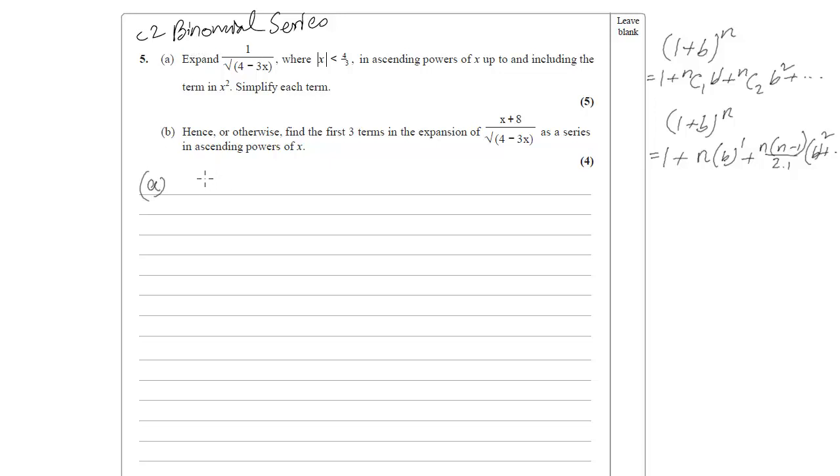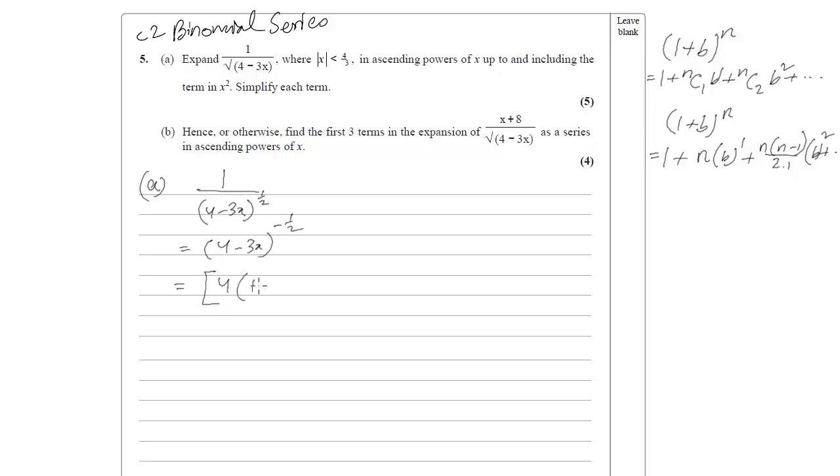So let's do this. First of all, we have to write it upstairs. So 1 by square root of 4 minus 3x. Since square root of 4 minus 3x means 4 minus 3x to the power half, we can write it as 4 minus 3x to the power minus half. Now you notice I wrote here 1, so that is part of the convention. You have to make it into 1, so we have to take 4 common.